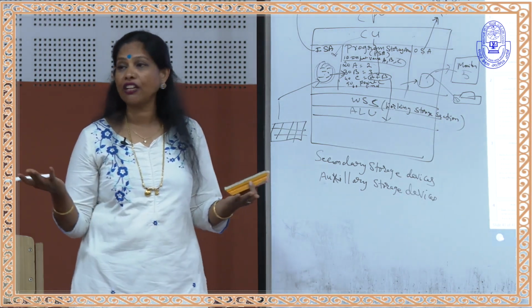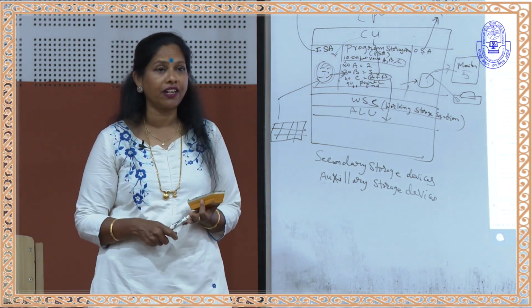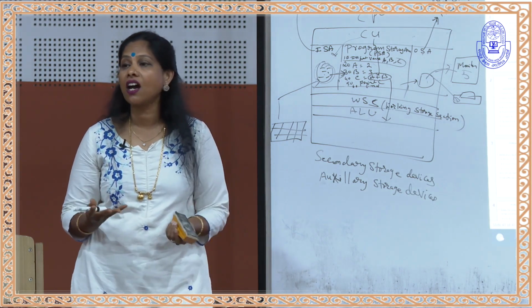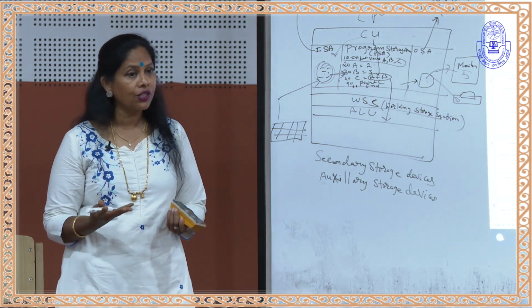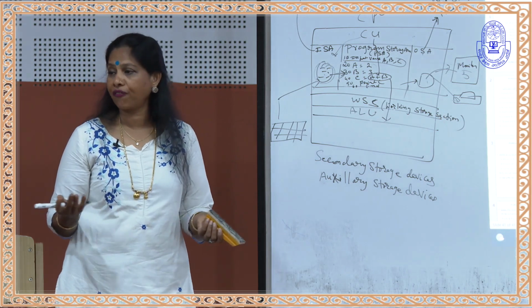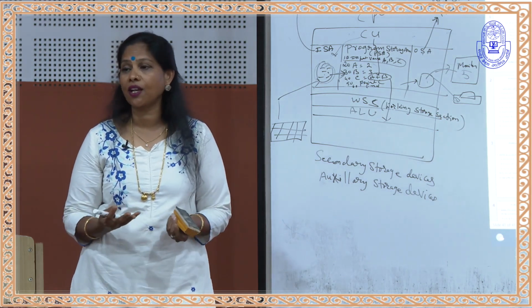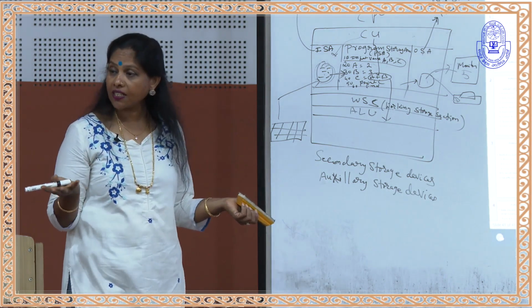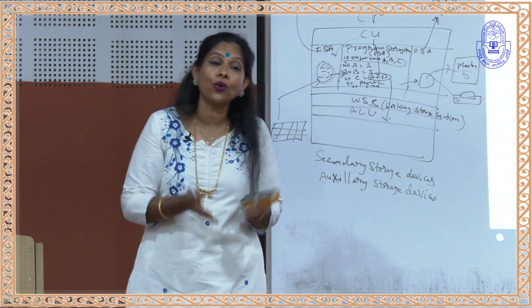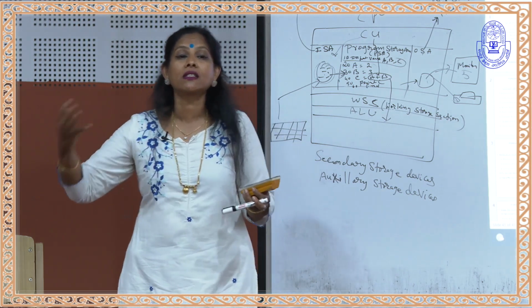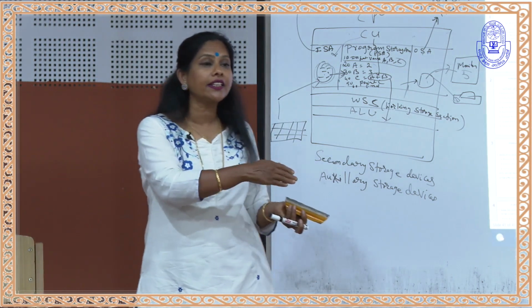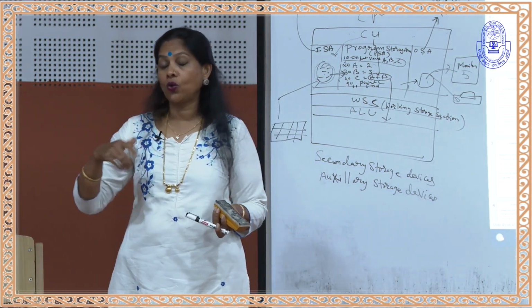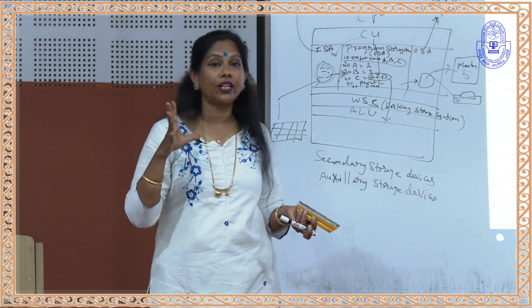Floppies, we are not using floppies now. They are all external devices. CDR, CD read write. There are different types of pen drives now. So they are all what? External hard disk, they are all secondary storage devices. If you want extra space, you can connect it to the CPU.